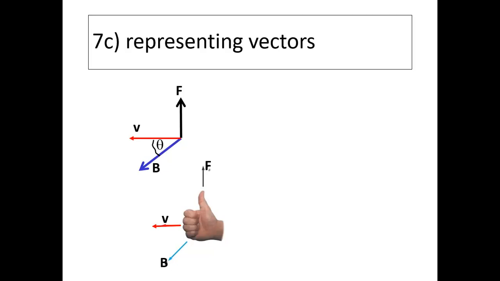When you go to university, usually we don't want to use all that. We've got so many things to remember, so you prefer to use the vector method. So importantly, F is Q V cross B, not B cross V. That's a cross product or vector product, and if it's a vector product, it's always sine theta.